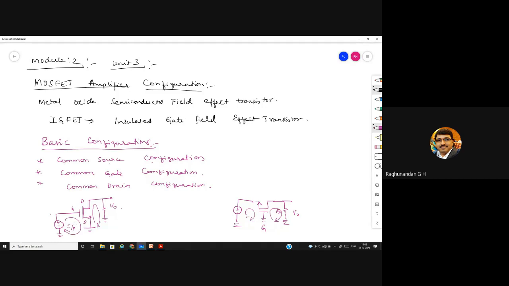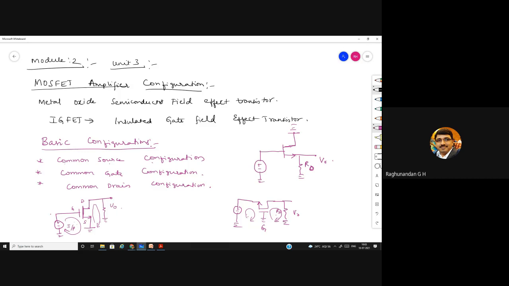Now, for the common drain configuration, plus minus, this is where we are taking the output. So our RD now becomes R naught, and the output is V naught. Now the drain is grounded.